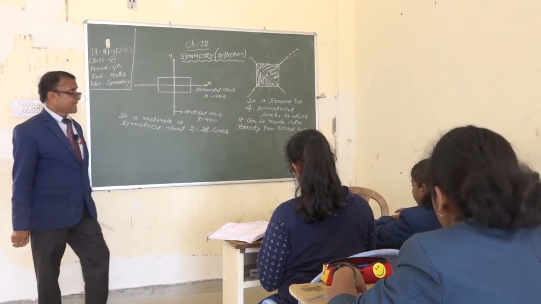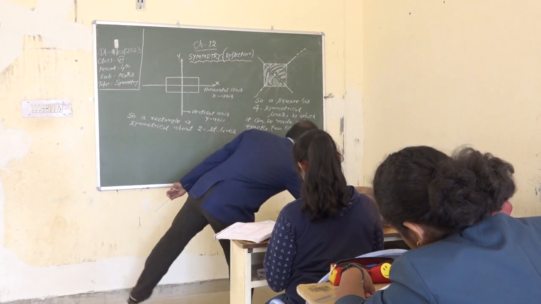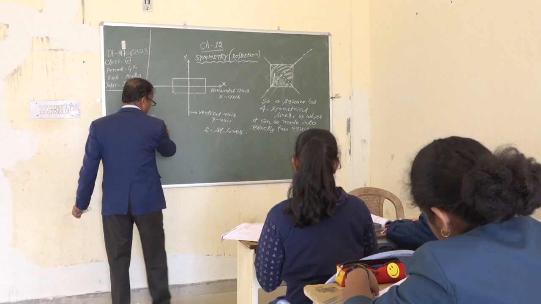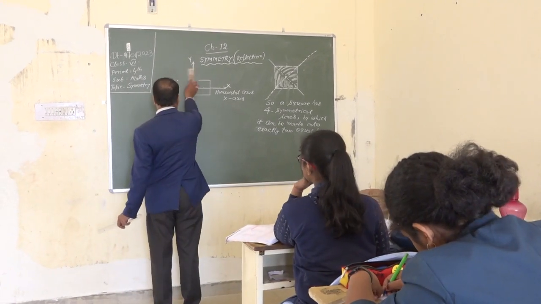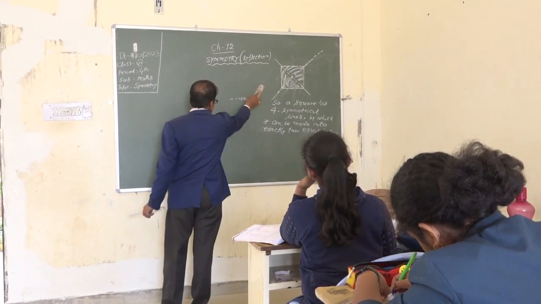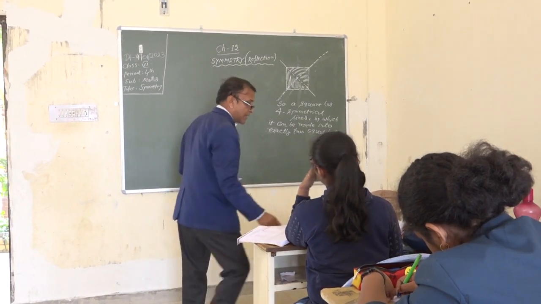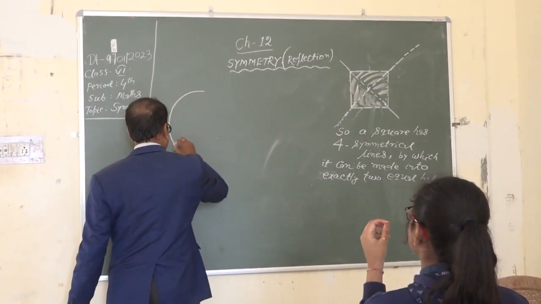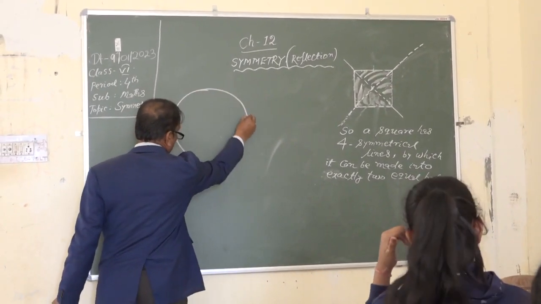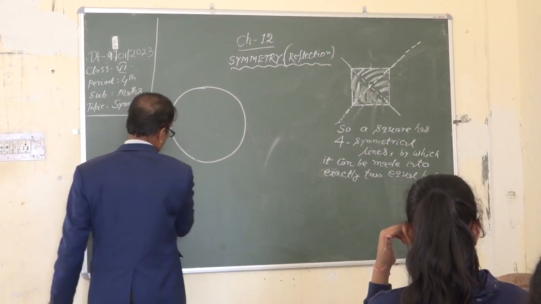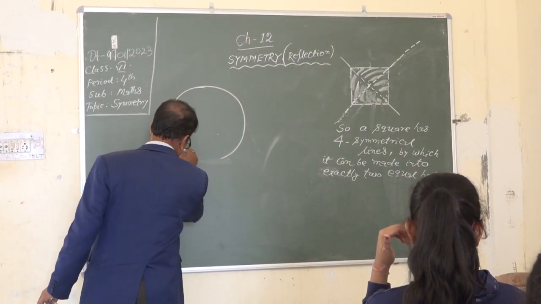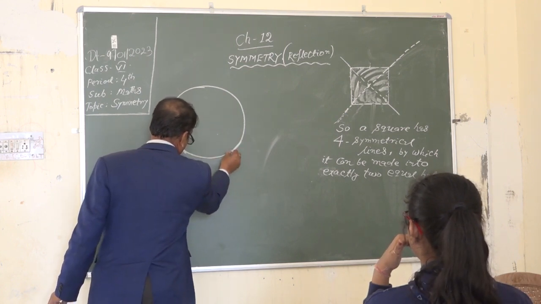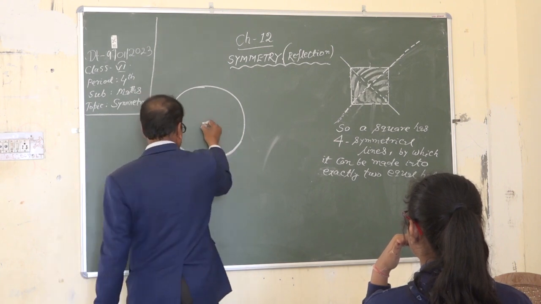ठीक है ना? तो पहले मैंने रेक्टेंगल के बारे में कहा, फिर अभी स्क्वायर के बारे में कहा, और एक मैं नहीं कहूँगा, I will not say, you will say to me. जैसे कि a circle, how many symmetrical lines are there for a circle? Who said? Somebody said? Yes.